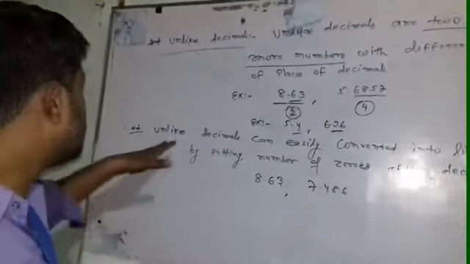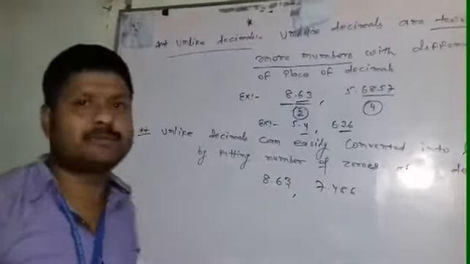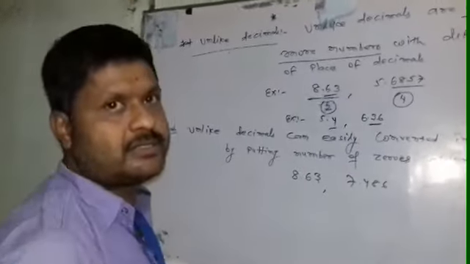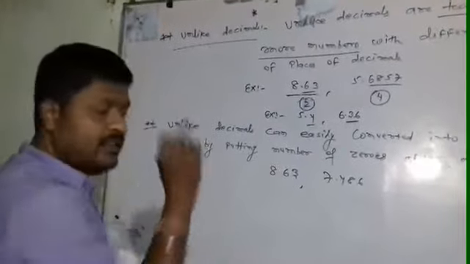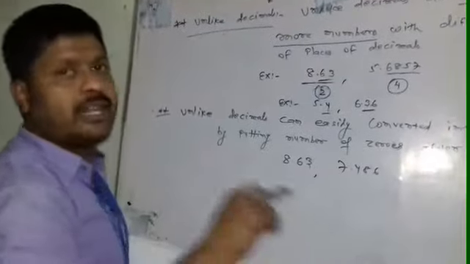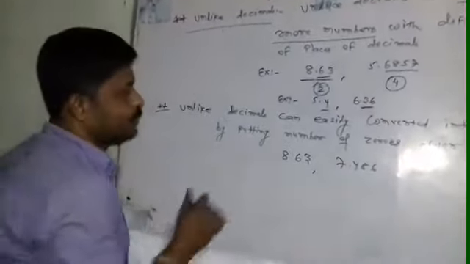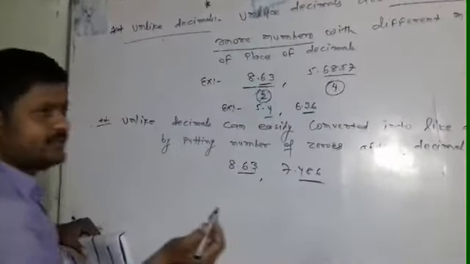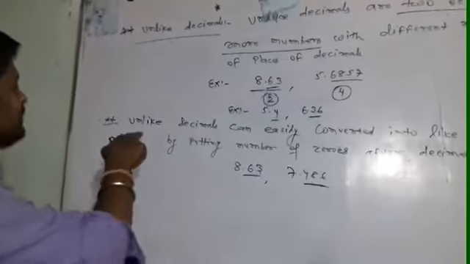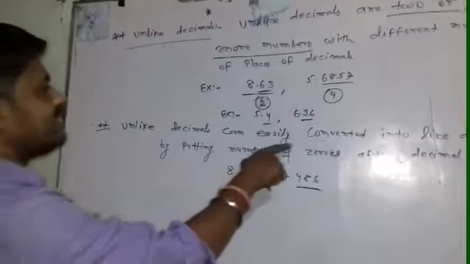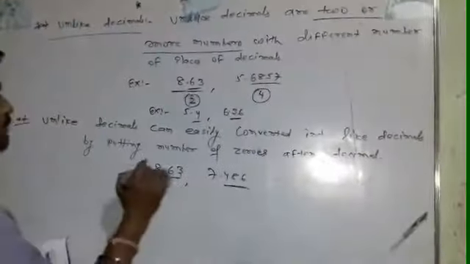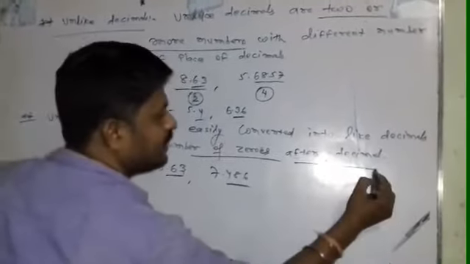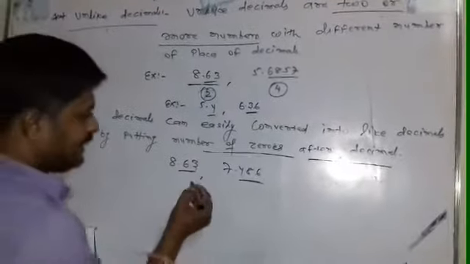If you want to change them into like decimals, we can put zeros after the decimal. The rule is that they can easily be converted into like decimals by putting zeros after the decimal.